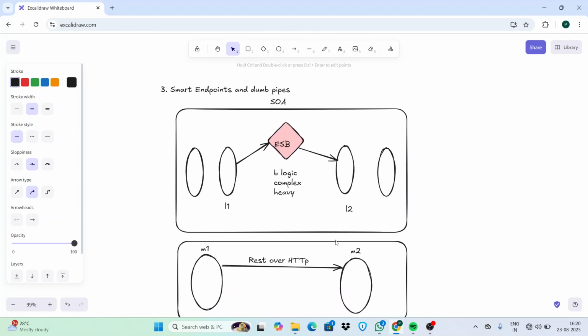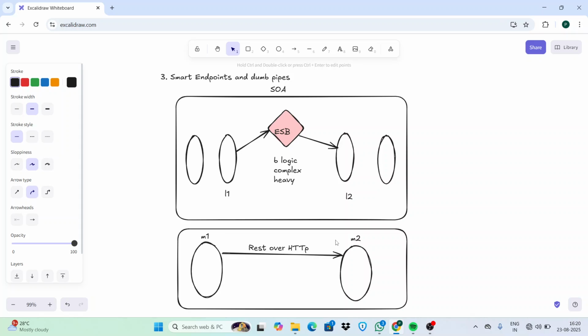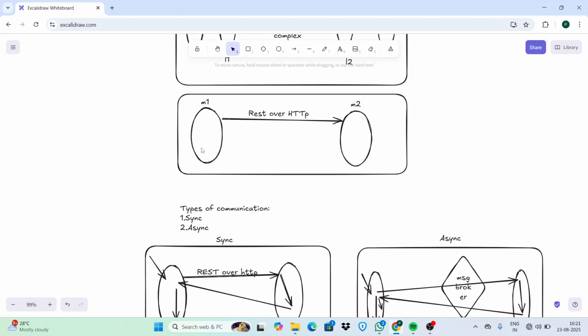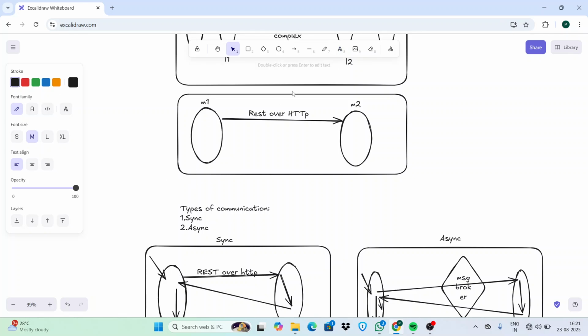So what is the advantage of smart endpoints and dumb pipes? It is language independence. That means each microservice has all the business logic coded inside that microservice only, and communication should be dumb.